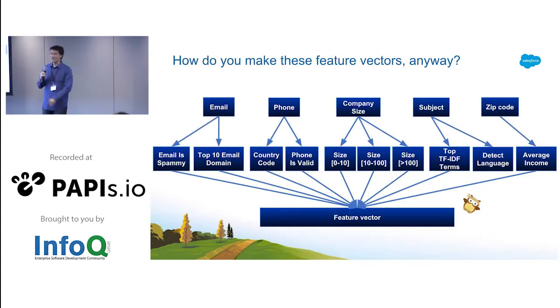So I mentioned I will have one slide about how we make the feature vector. Basically we have this library on top of Spark that creates a feature transformation DAG that has a lot of different transformation steps. The secret sauce to this is that because we're Salesforce, we know the schema of the data that the customer has.